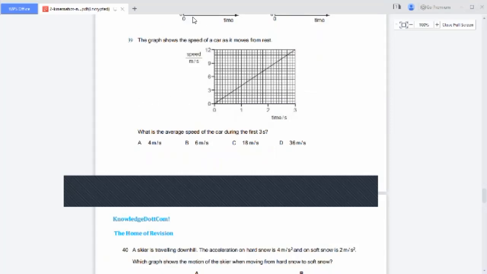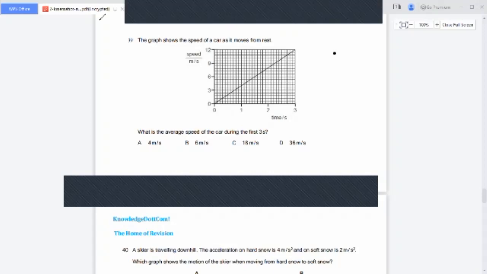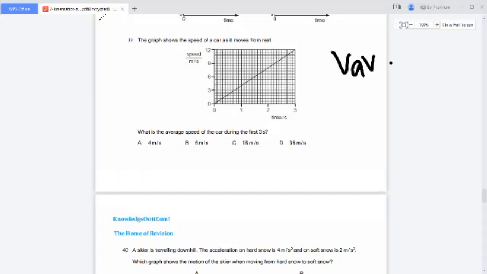Average speed is actually total distance over total time.